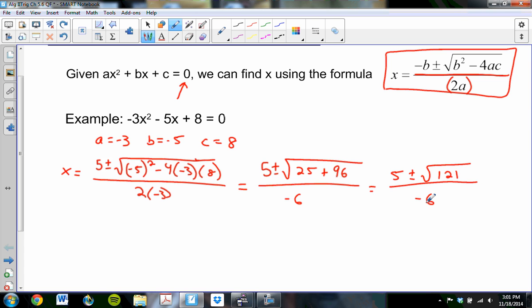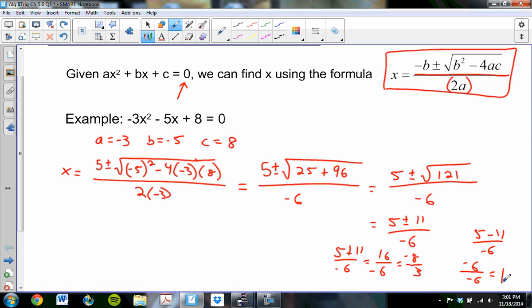The square root of 121 is 11. 5 plus 11 is 16, so I do 5 plus 11 over 6, which is 16 over 6, which is 8 over 3. These should be negative, so it's negative 8 over 3. And I do 5 minus 11 over 6, which is negative 6 over negative 6, which is positive 1. So my solutions are negative 8 over 3 and positive 1.